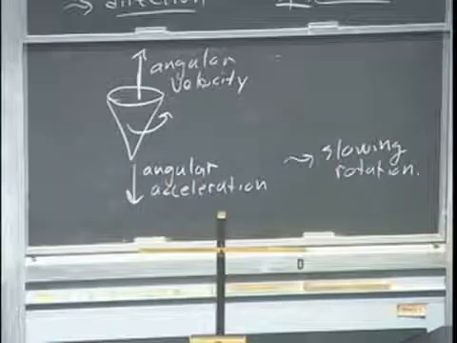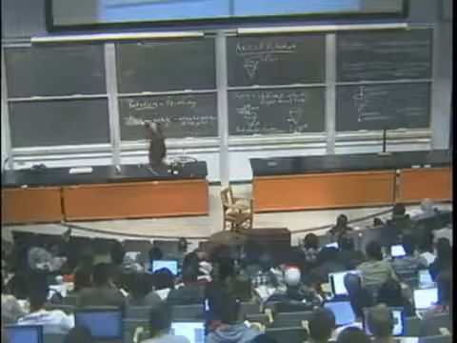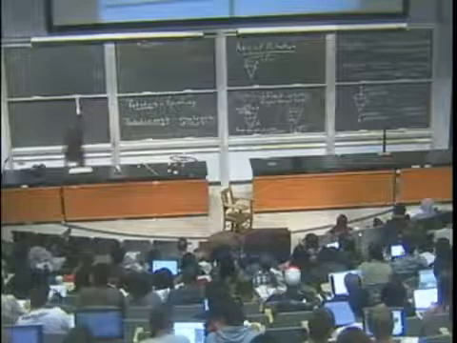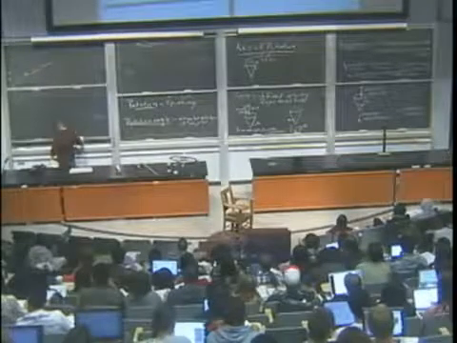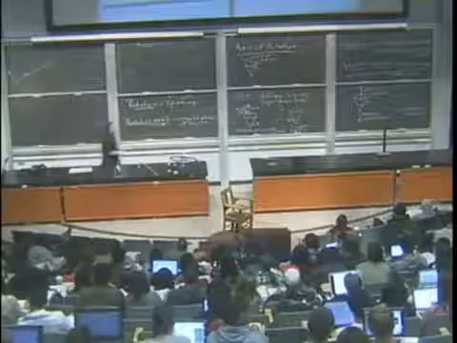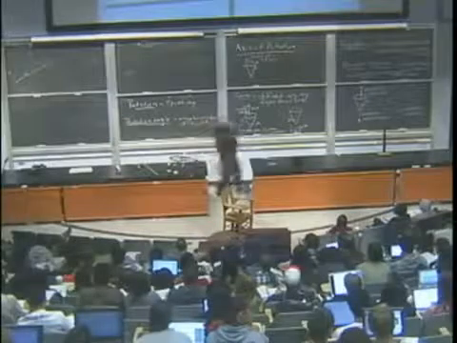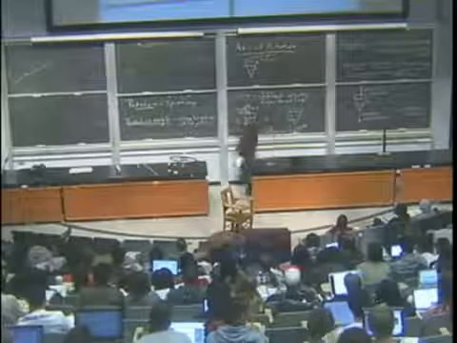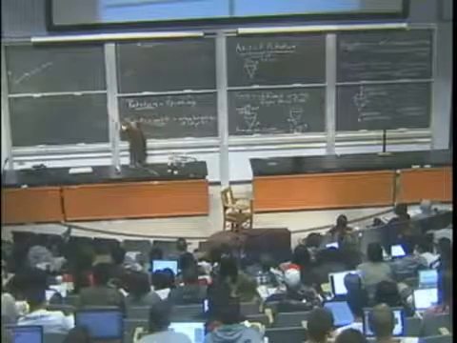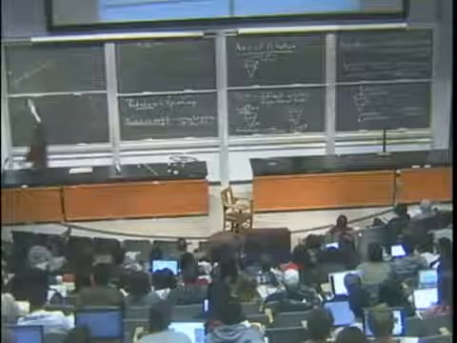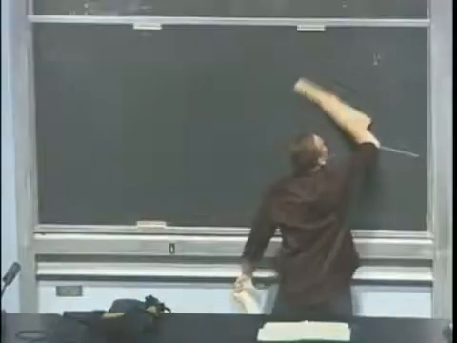We have seen a lot of terms here so far this morning which sound an awful lot like the same terms we were using for translational motion, and there's a reason for that. When we're talking about rotational motion, we are not recreating any new fundamental laws.